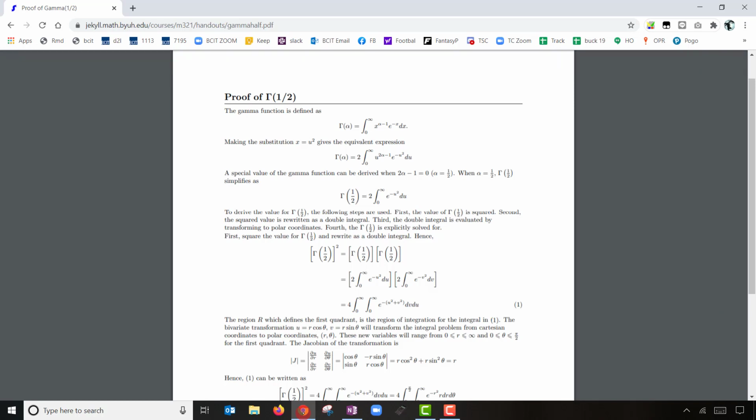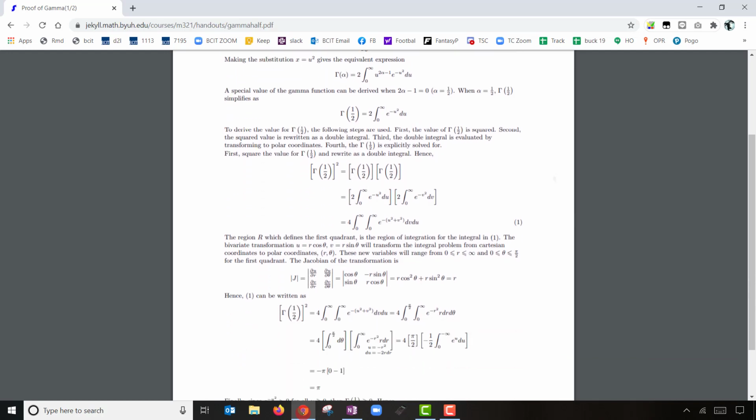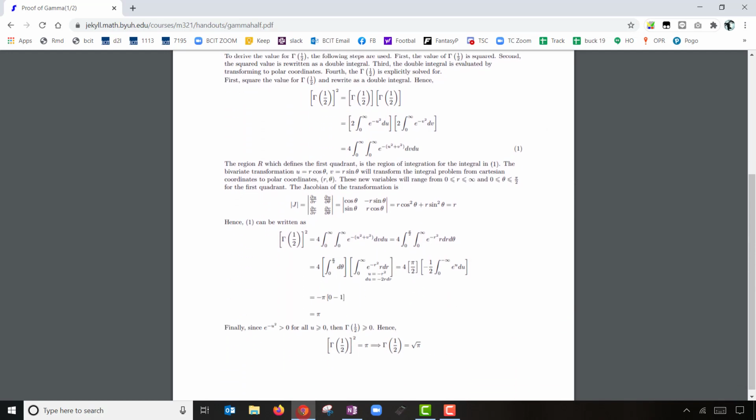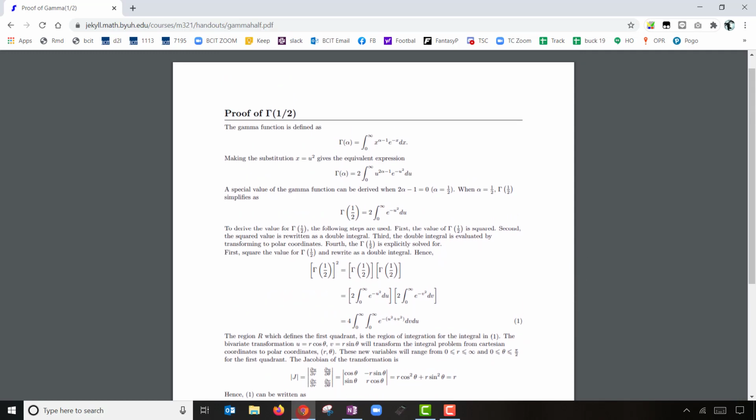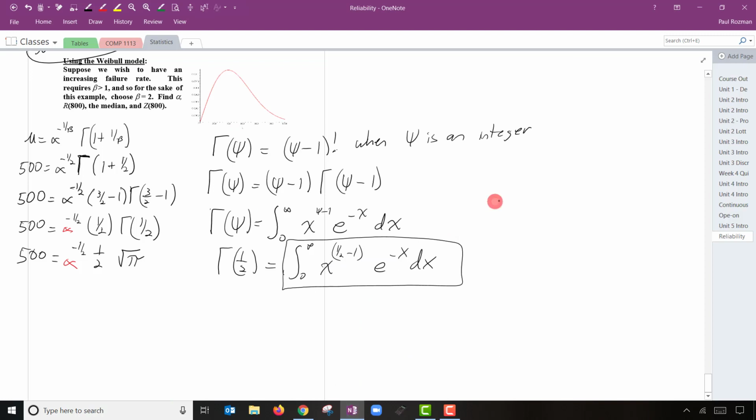I forgot most of that stuff myself, and I read through this and found it to be rather elegant and interesting, so maybe you would too. But if you don't, we would probably just use some sort of numerical software to get the answer to this.